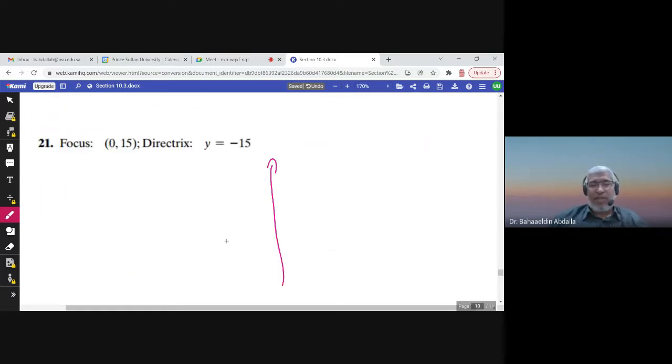Focus is 0, 15. So let us say that this is 15. So here the focus. And here negative 15. So y equals negative 15, that's the directrix. Always the directrix is behind the parabola. So the focus is inside the parabola. So the parabola opens like this, upwards.